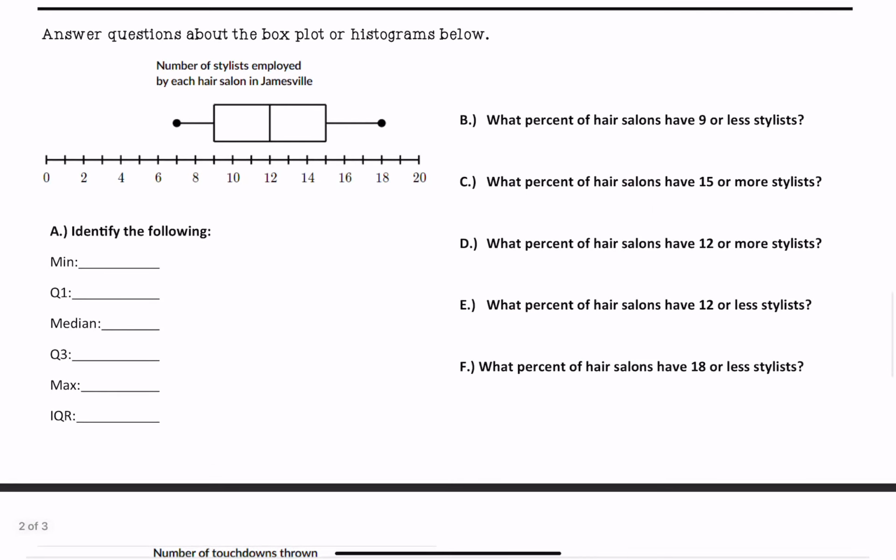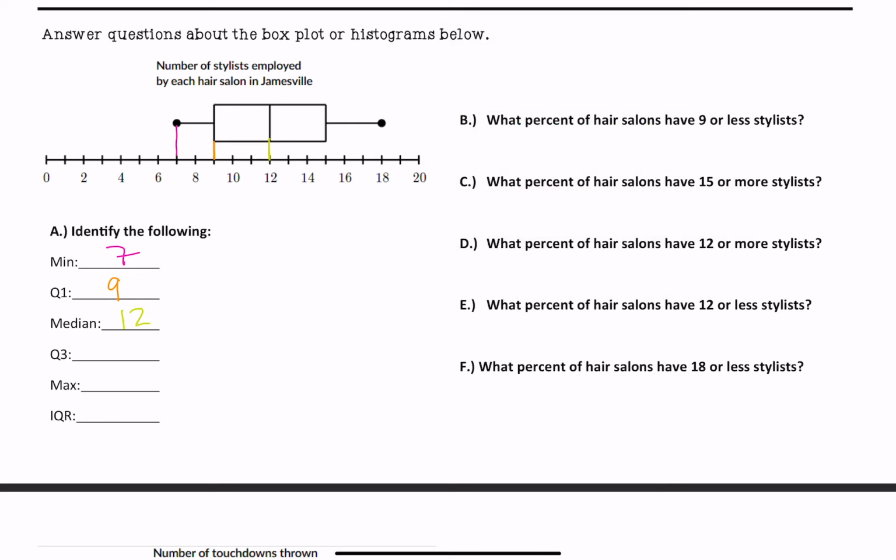Next up, we're going to answer questions about the box plot. So I want you to identify the minimum all the way to the IQR. The minimum in this one is 7. Then we have Q1, which here is 9. Then we have our median, which in this case is a 12.